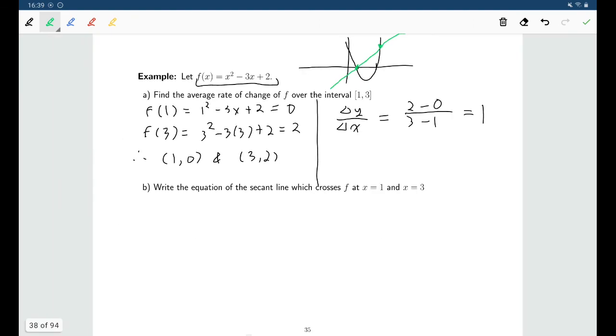And that straight line, that's exactly what we want to create in part B, the equation of that straight line. And we have everything we need because we know there's these 2 points that are on the line, 1, 0, and 3, 2.